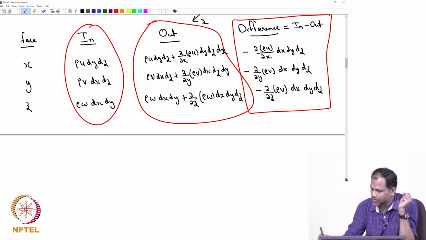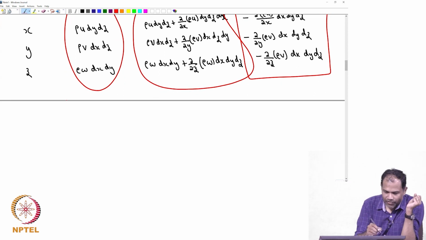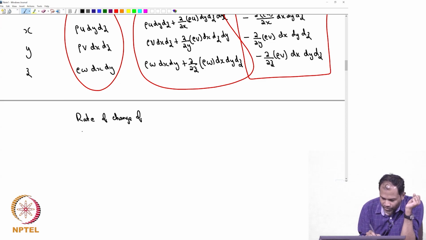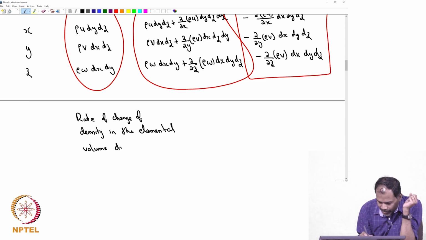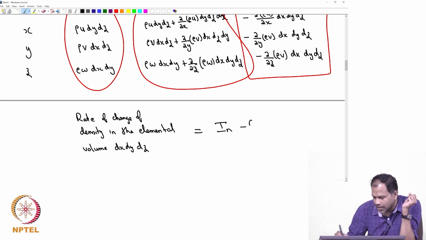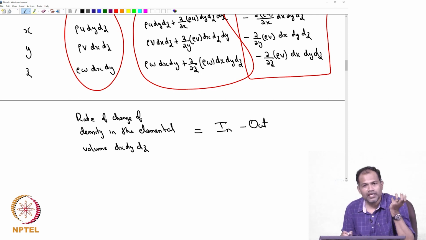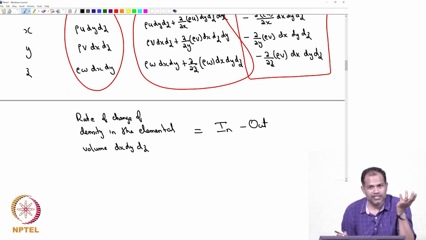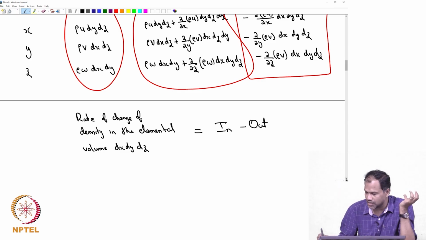So, we can say that if we write down the rate of change of density in the elemental volume dx, dy, dz, that should be equal to in minus out, because if in is exactly equal to out, there is no accumulation, density can't change, but if there is a change, that should be reflected as a change in density.